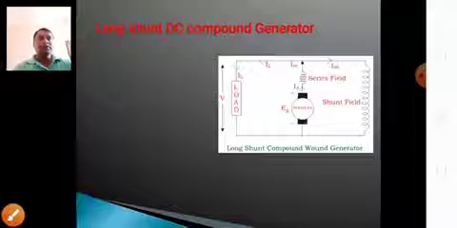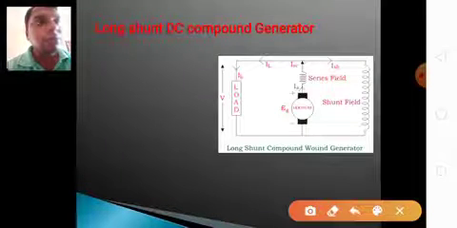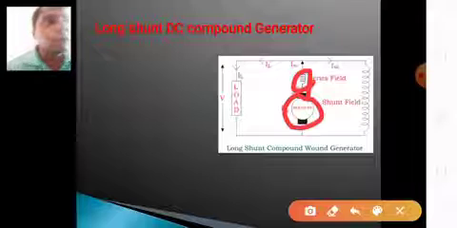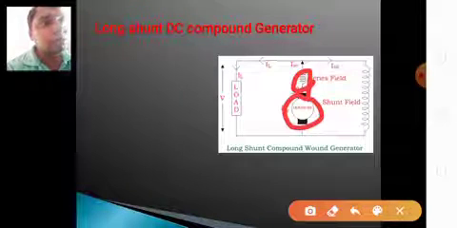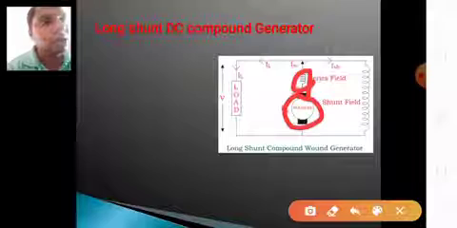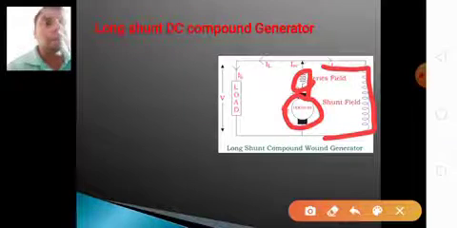In these two types, one is the long shunt DC compound generator, another one is the short shunt. First, we discuss the long shunt DC compound generator. Long shunt means that here is the armature, and the series field winding is in series with the armature. This total combination is connected in parallel across the shunt field winding.